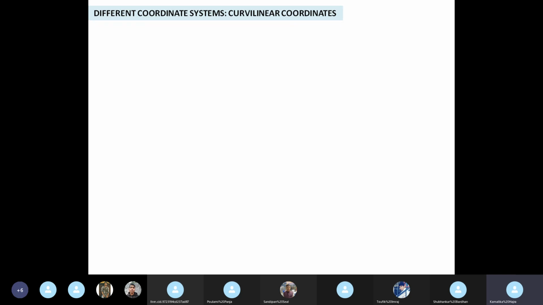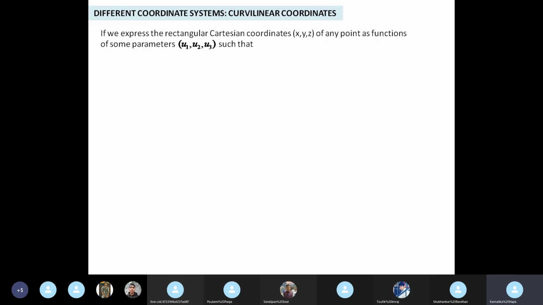Okay, so you can imagine setting up the XYZ coordinate system along the edges at the corner of your room. But as I told you, this is a very special case.